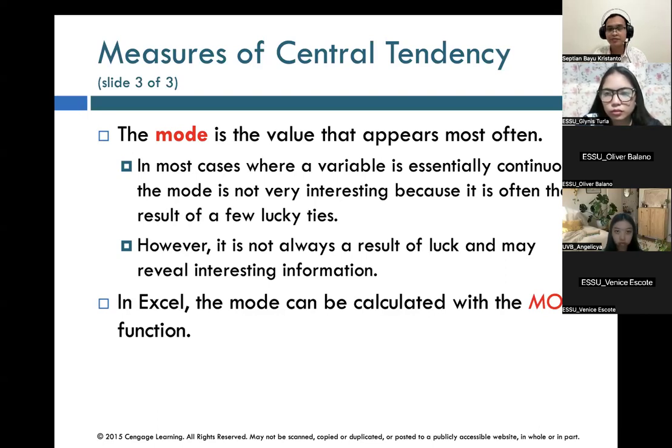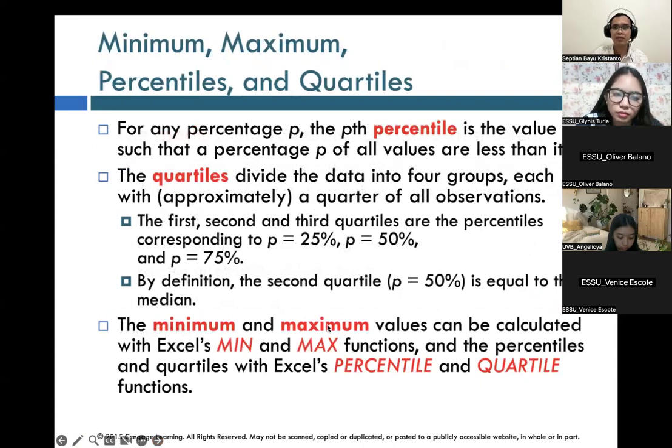Because of that, it's sometimes not very interesting, or maybe we just don't get lucky ties that let us find the mode of the data. But in Excel, you can find the mode of your data using the mode function in Microsoft Excel.